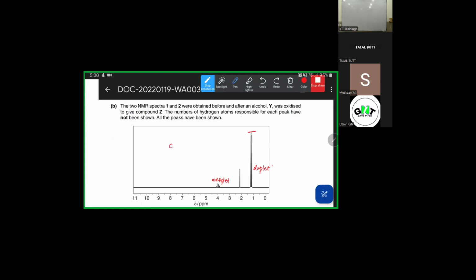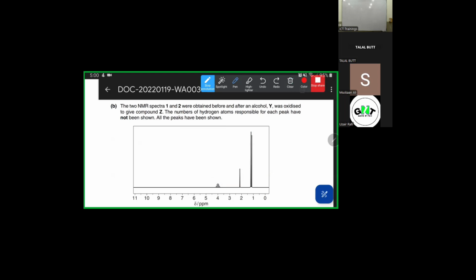The doublet is formed due to CH, so on one side of the CH there will be CH3 and on the other side also CH3. That is why it forms a large doublet. And this singlet means that it is attached to the OH. So this one produces this multiplet, this one produces this singlet, and these two produce this doublet. Did you get it?